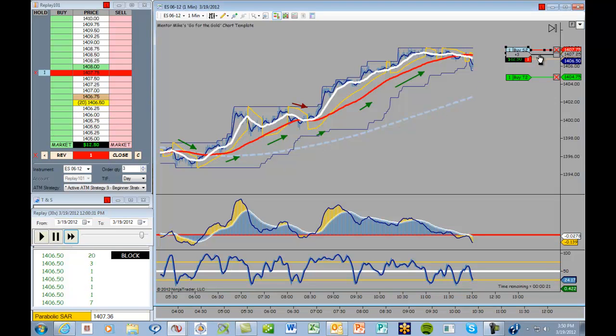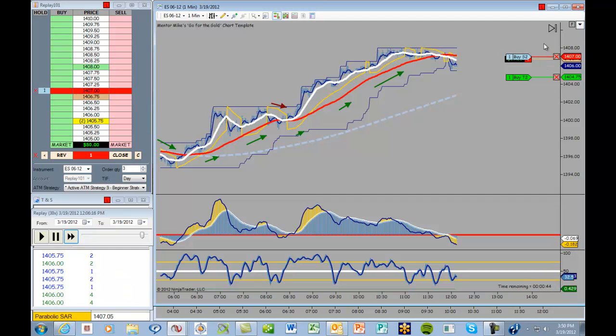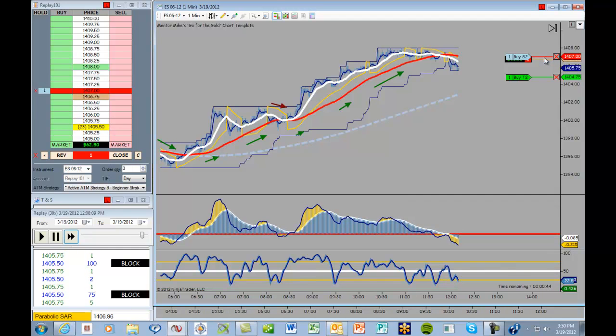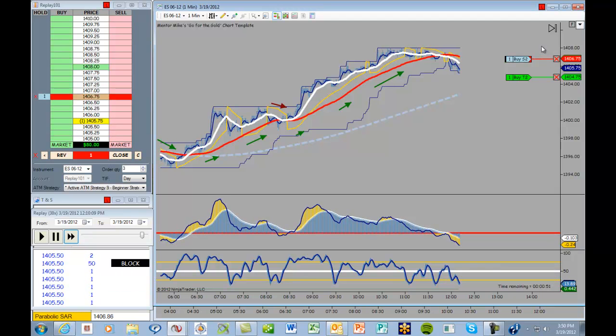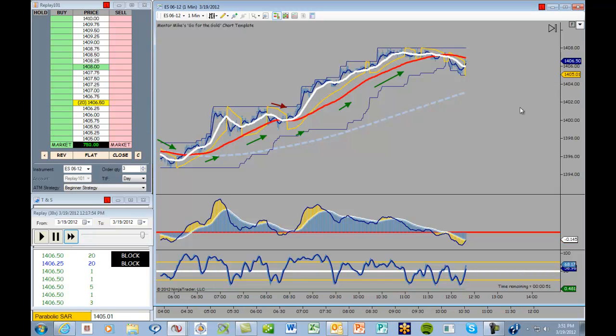Okay, stopped out. Looks like we're pretty solidly committed to a downward move, though. So we'll look for the next opportunity to get short.